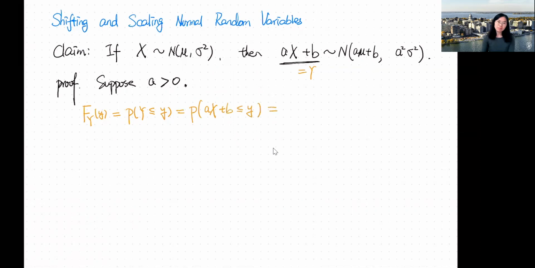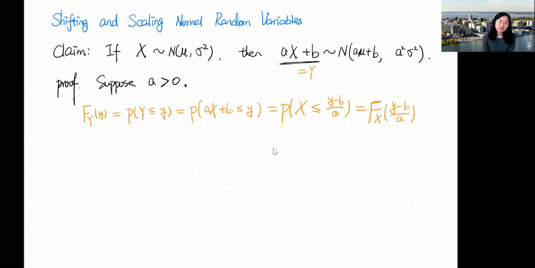And because A is positive, the inequality in here is equivalent to the inequality about x. So x less than or equal to y minus b divided by A, which is, by definition of CDF, the CDF of x evaluated at y minus b divided by A.